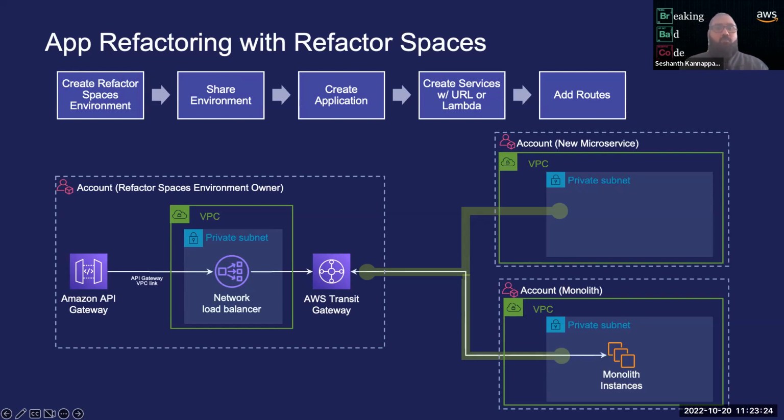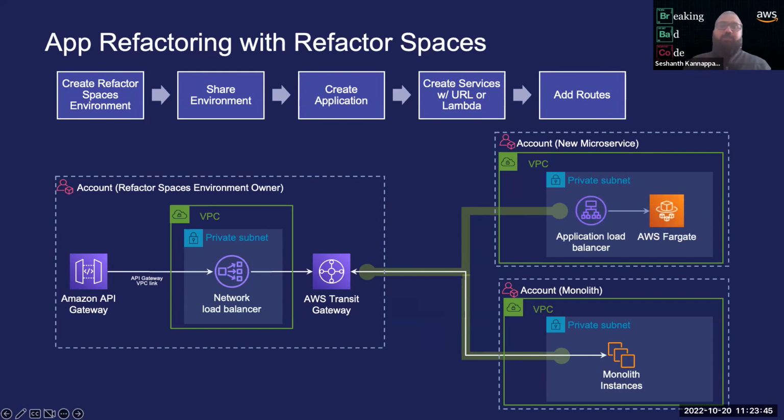In terms of what we're provisioning and helping you with the routing and enabling and automating that Strangler pattern, we're automating the creation of the API gateway, the NLB, the transit gateway, so that you can have this orchestration between the monolith and the microservice here.